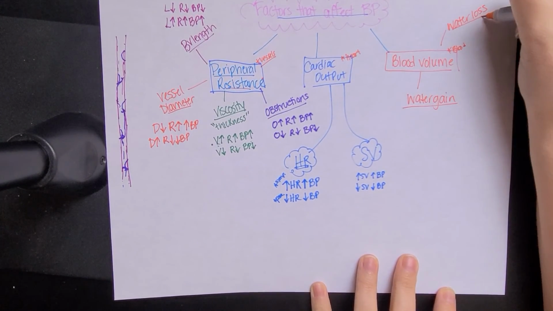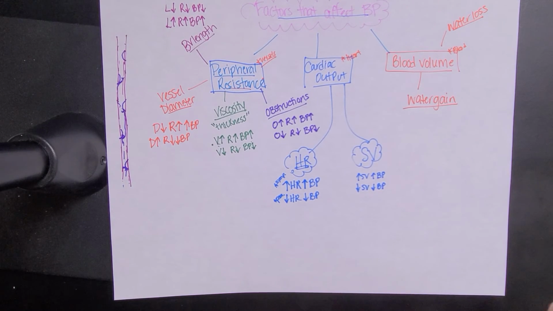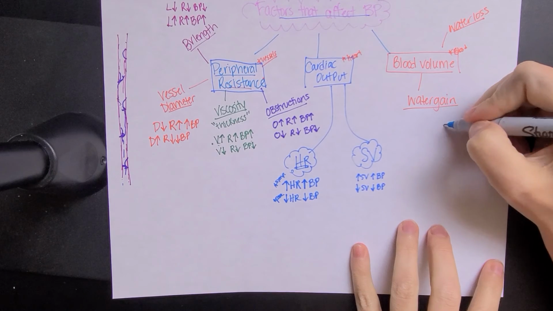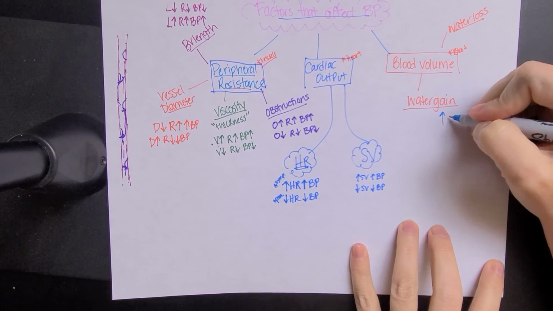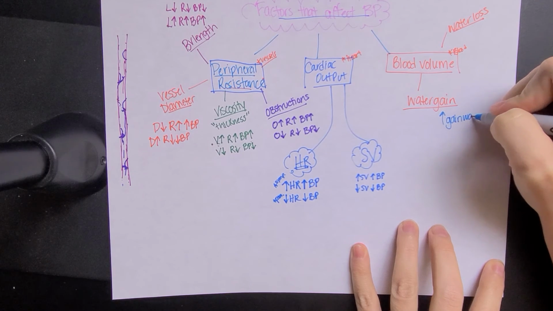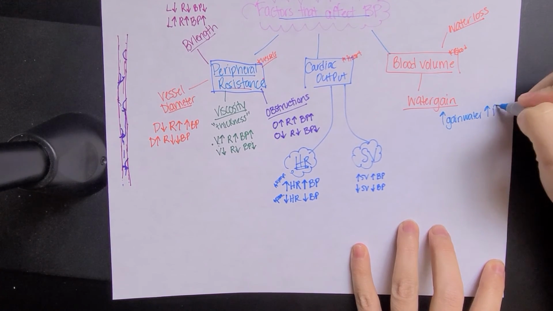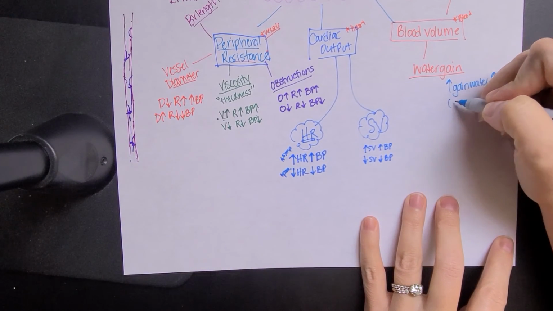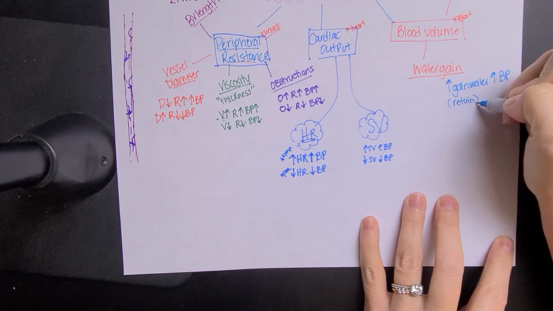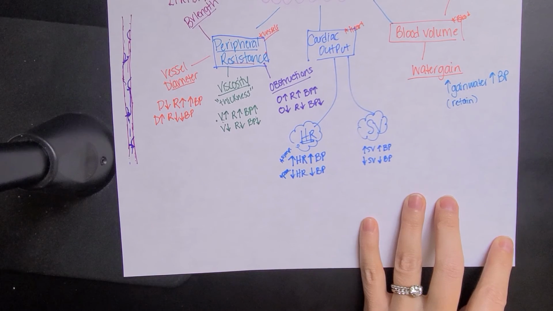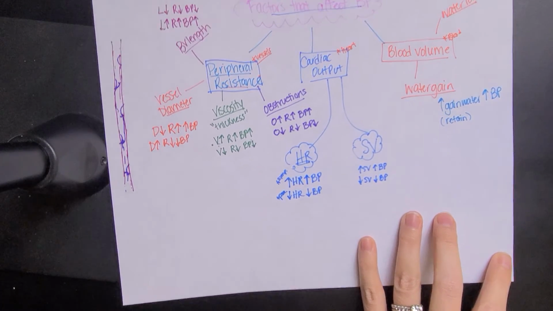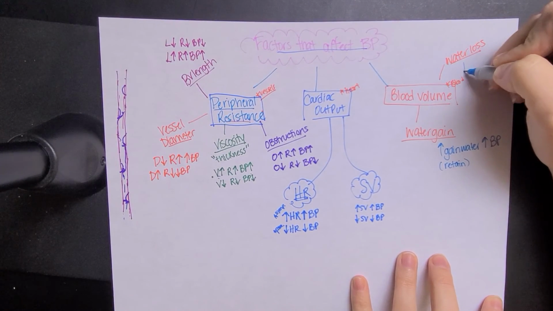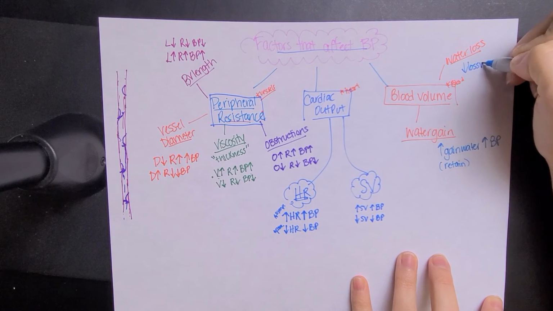And as you might suspect, if we increase the volume, we're increasing the pressure. So if we gain a lot of water, we're going to increase our blood pressure, right? And it's not just gain, it can also be retain water. Gain or retain, right? Hold on to water. And then same thing, water loss. We lose water.